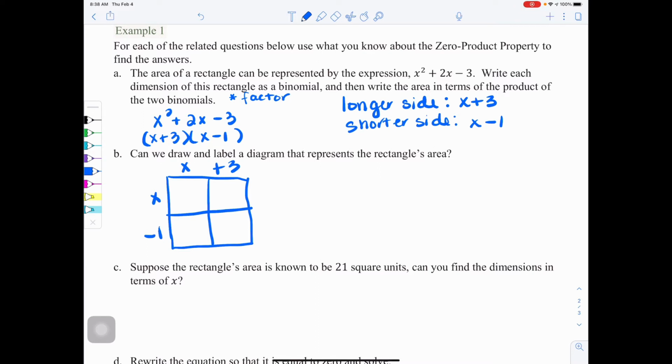So x times x would be x squared. x times 3 would be +3x. -1 times x would be -1x. And -1 times 3 would be -3. And so this is a diagram that's drawn and labeled that would represent the rectangle's area.